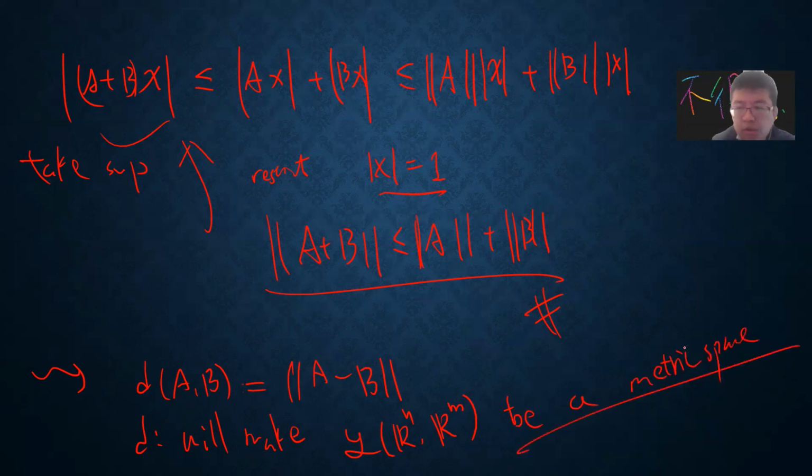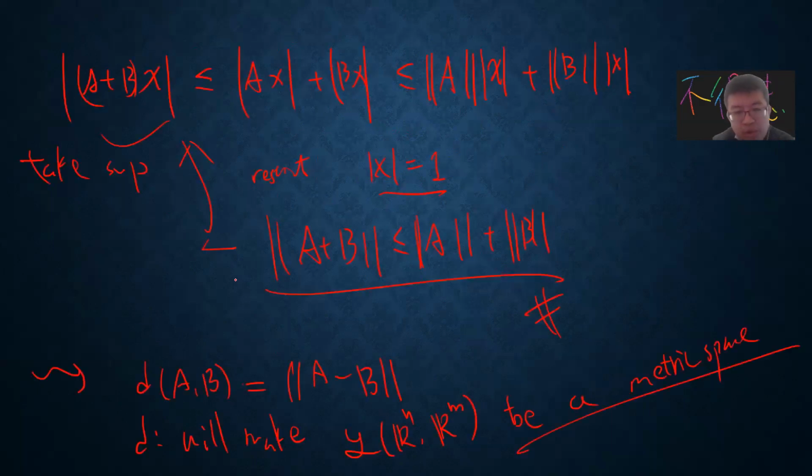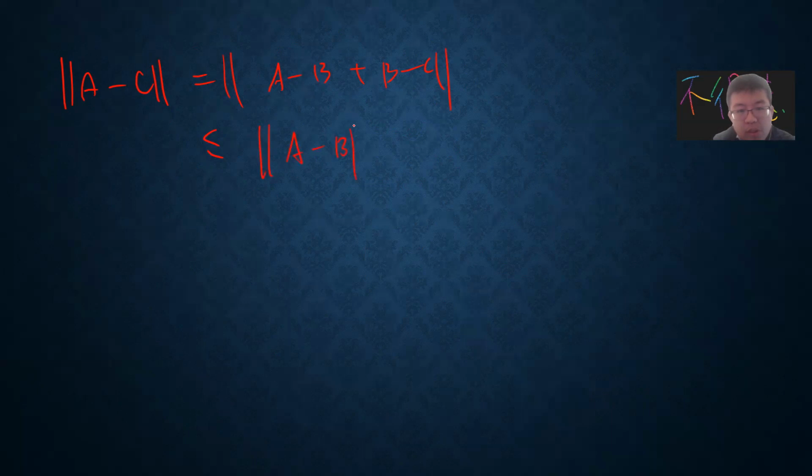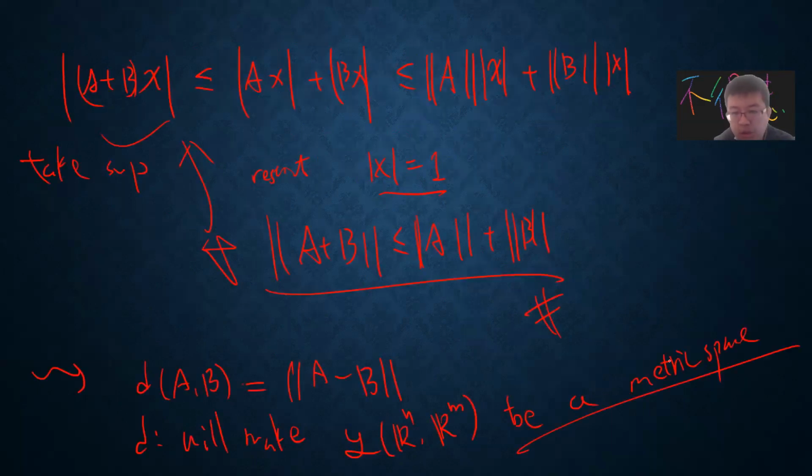I think for this part only the triangle inequality is not obvious, so let's quickly give the proof. Since we already have this, it is very easy. Consider A minus C, which is just A minus B plus B minus C. By the previous lemma, the triangle inequality is true. So this is a metric space.